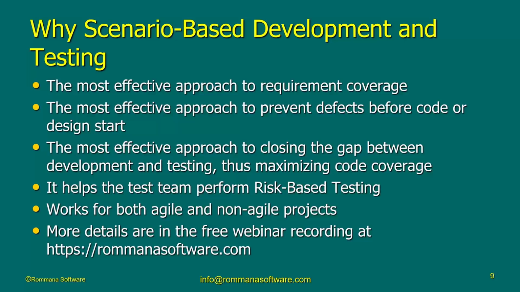The approach here allows you to do your risk-based testing on the scenarios before you even put one line in test cases. Because the scenarios you decide are not risky enough and you're not going to test them, you don't need to create test cases. There's no point to create test cases and later on decide that those test cases are not important, so we're not going to run them. Okay, got my point? All right, further.